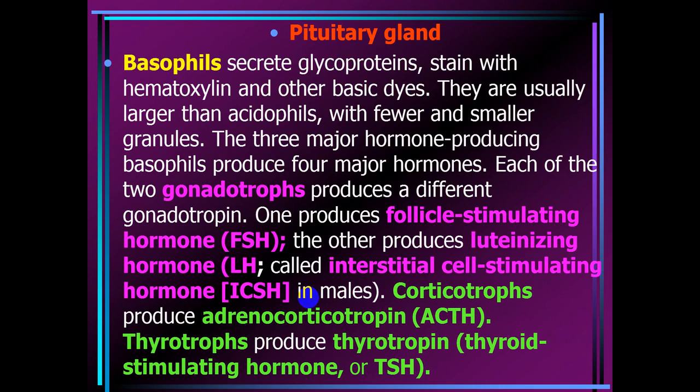Basophils secrete glycoproteins stained with hematoxylin and other basic dyes. They are usually larger than acidophils, with fewer and smaller granules.